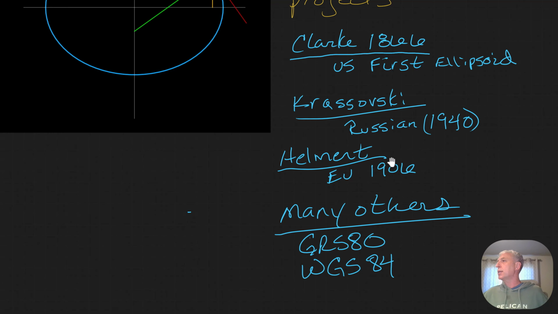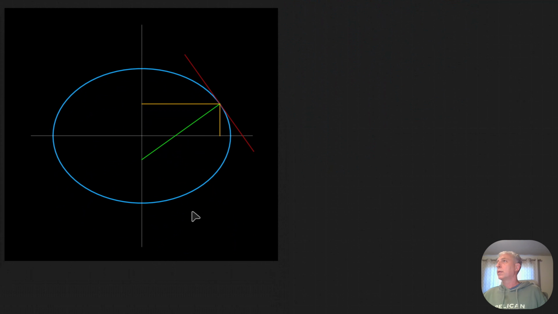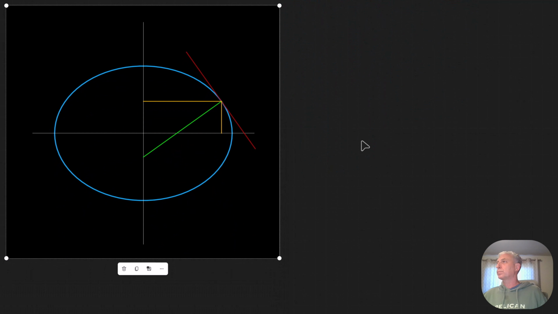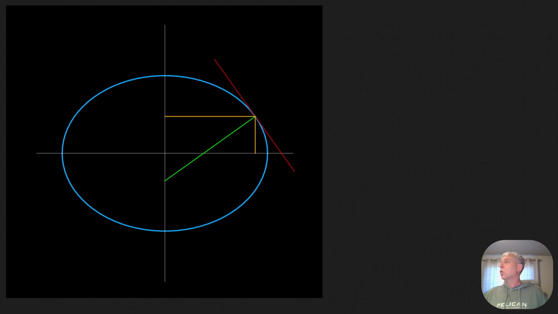Okay, so let's get into the anatomy of the ellipsoid. Let me drag my diagram down, and I'm going to bigify a little bit. So what are the defining parameters of an ellipsoid? Just ignore the colored lines, the yellow, green, and red lines for now.